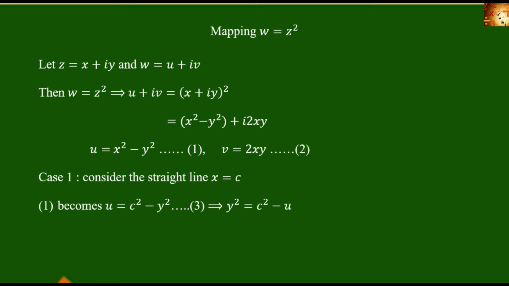Next, considering the second equation, v equal to 2xy, that becomes v equal to 2cy. Here our aim is to eliminate the variables x and y from equations 1 and 2 because we want the image in the w plane. In the w plane, the axes are u and v. So here we want to eliminate x and y by any method.